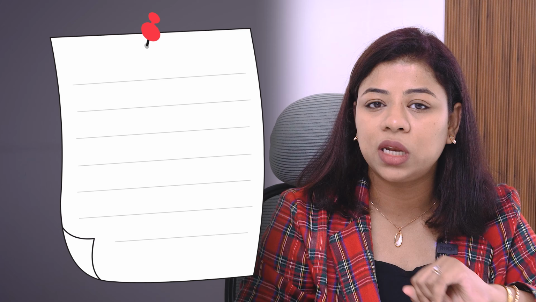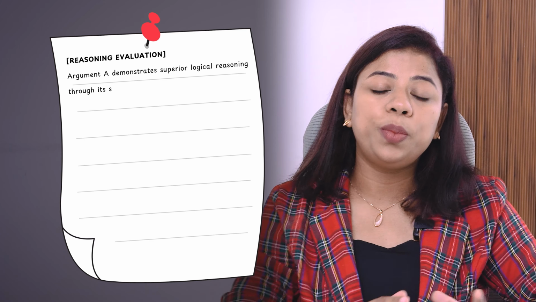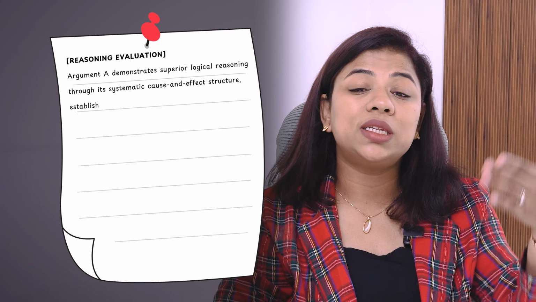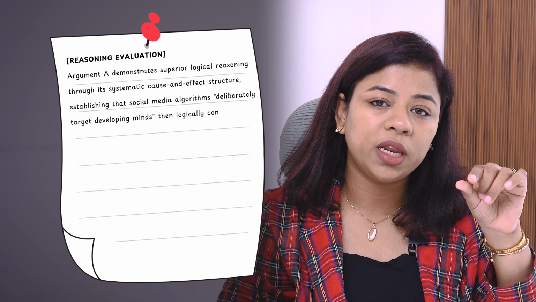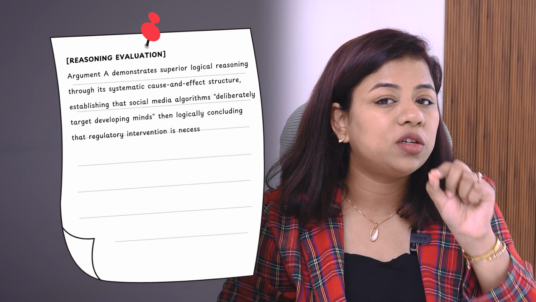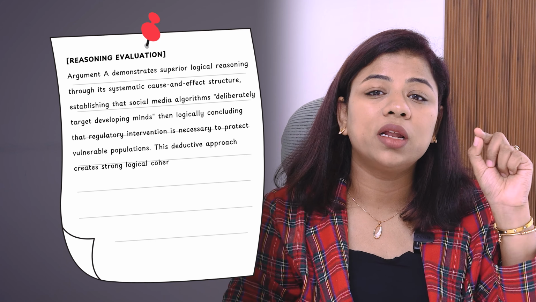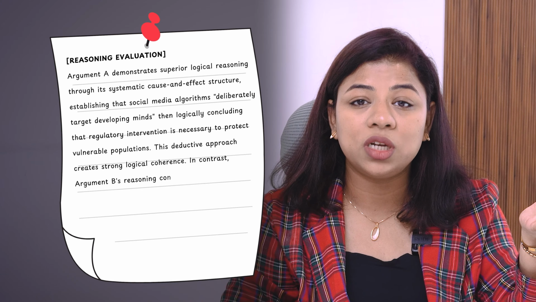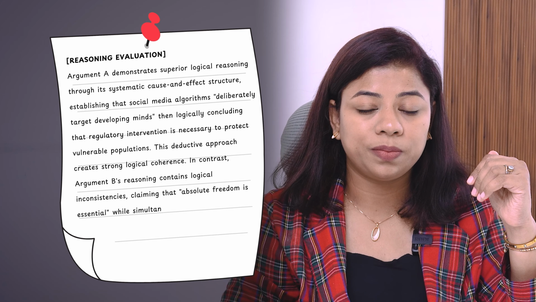Let me show how her answer looked. As you can see on the screen, her answer was, argument A demonstrates superior logical reasoning through its systematic cause and effect structure, establishing that social media algorithms deliberately target developing minds, then logically concluding that regulatory intervention is necessary to protect vulnerable populations.